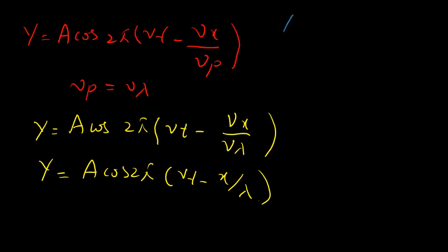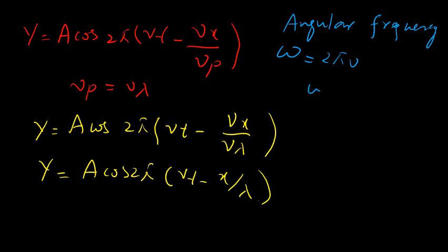The angular frequency is represented by omega equals 2 pi mu, and another important parameter is the wave number, represented by k equals 2 pi over lambda.